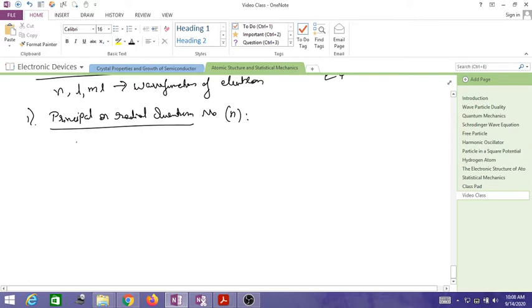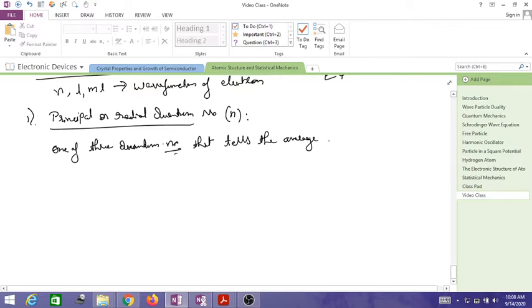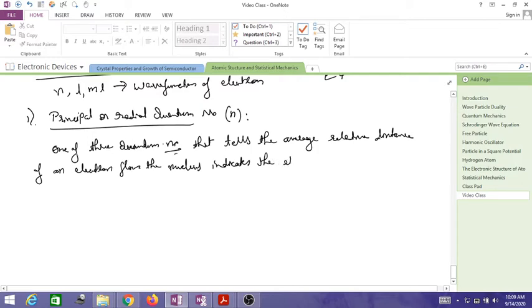So if I write here, it is one of the three quantum numbers that tells the average relative distance of an electron from the nucleus, and it also indicates the energy of the electron.